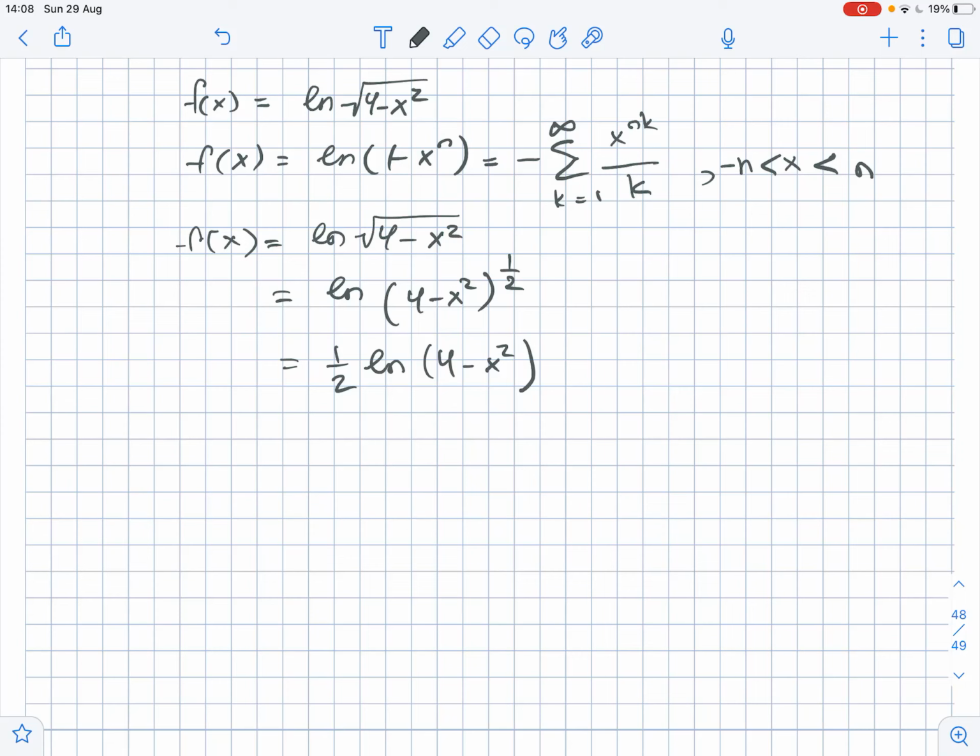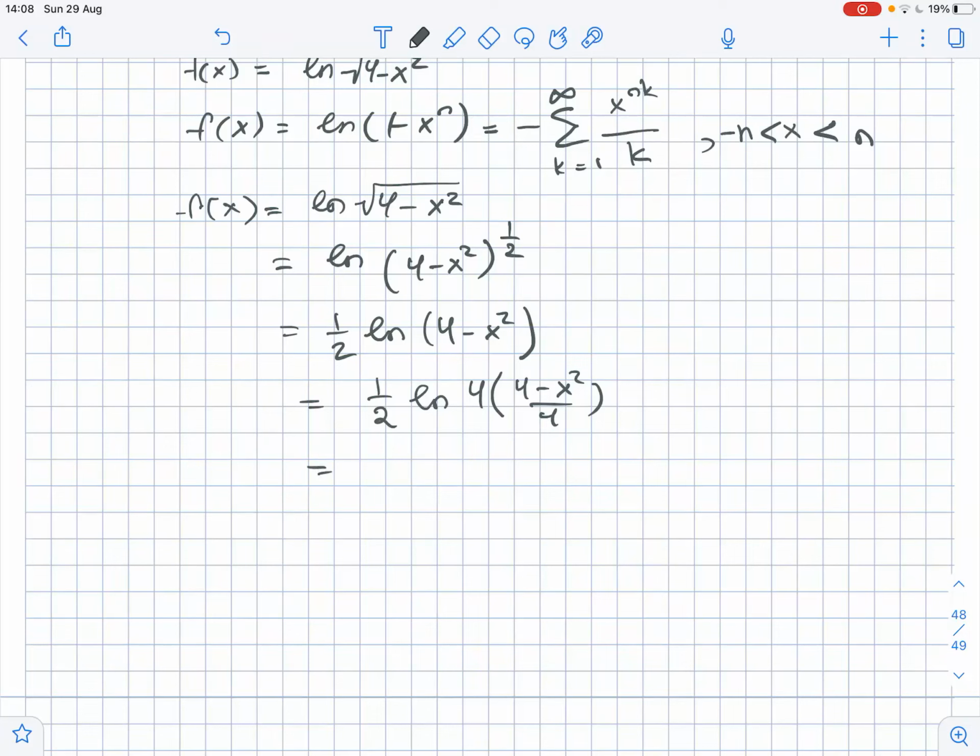Now we will divide and multiply by 4 inside the logarithmic function, and we get that this equals 1 over 2 ln of 4 multiplied by (4 minus x squared) over 4.